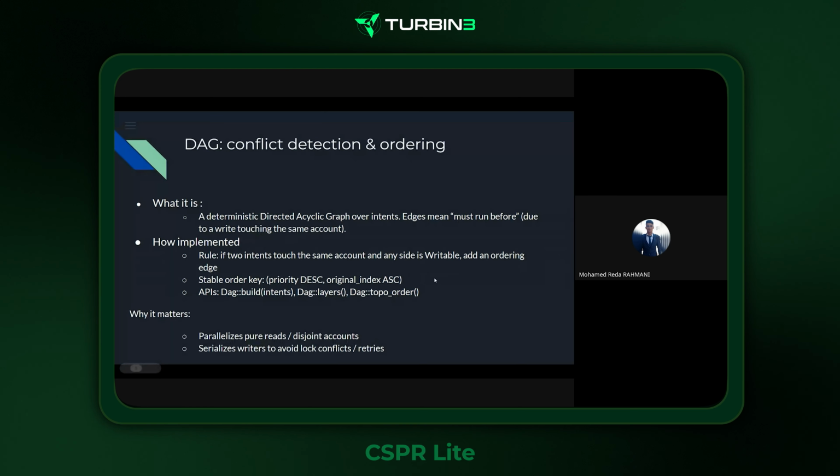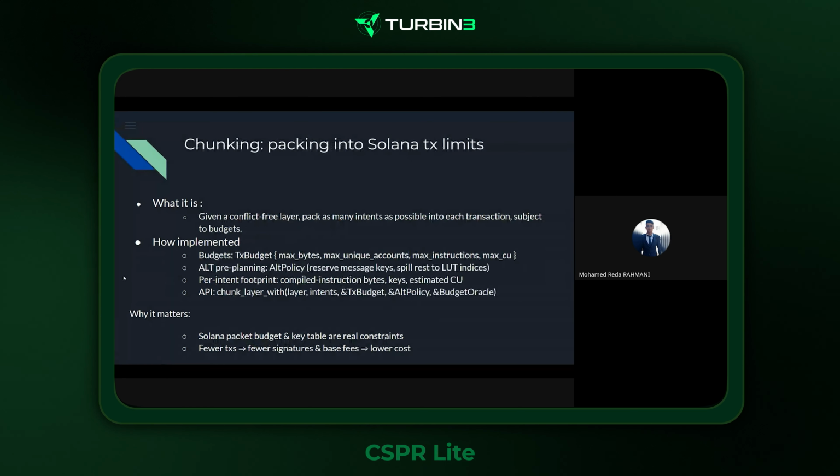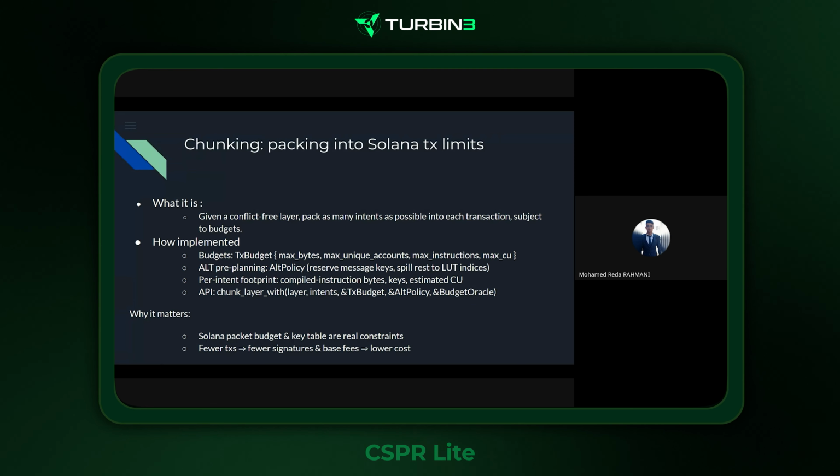And after the DAG, we have the chunking part. We pack transactions. The goal is to fit as many steps as possible into each Solana transaction without breaking limits. So we need to respect message size in bytes, the number of unique accounts and instruction counts, and compute units. How does it work?